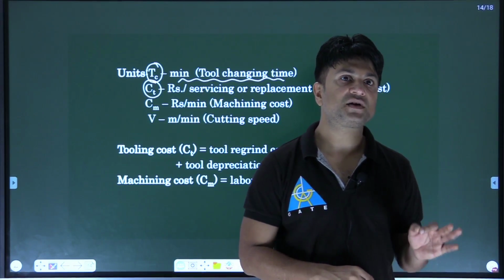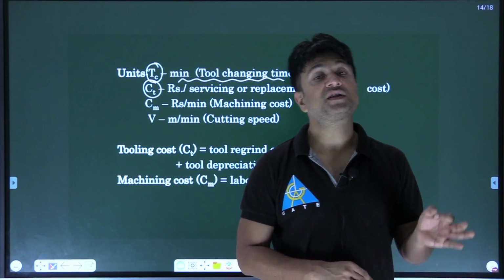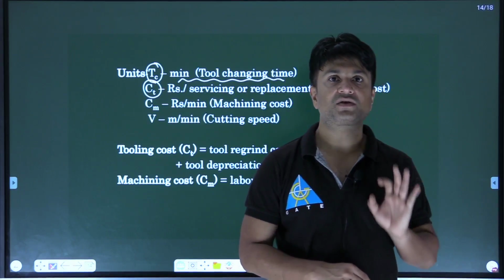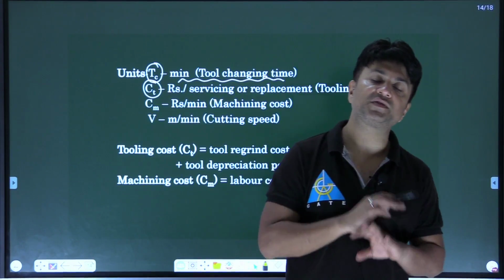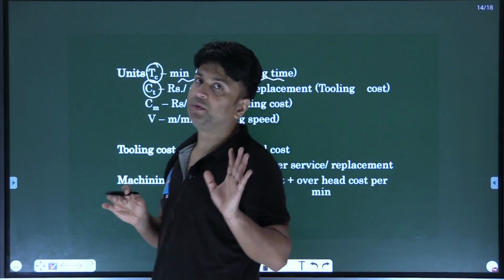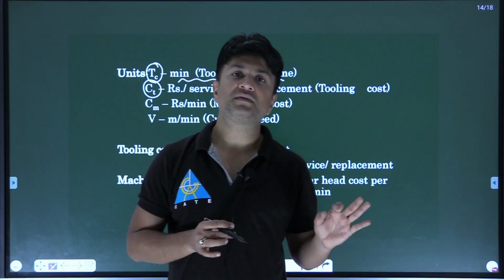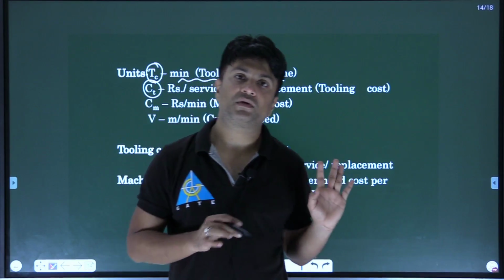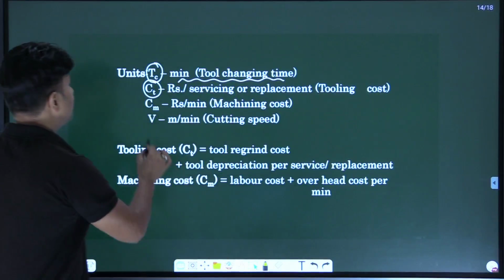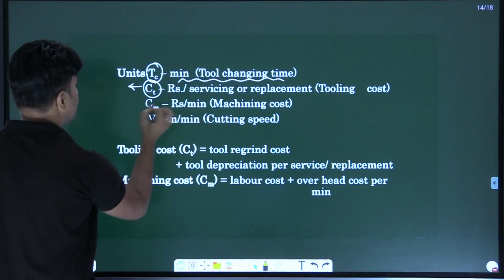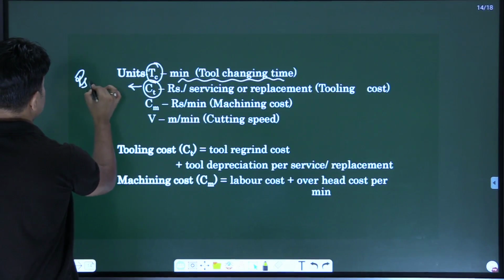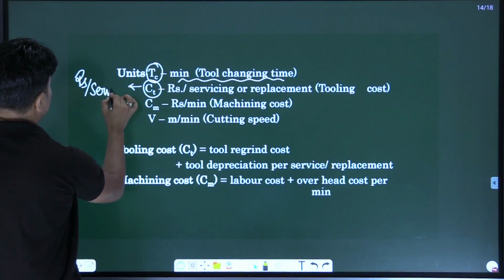Once the service is completed, the charge will be paid to that person. Once the repairing is done, I will give you the amount. So always remember the unit of the tooling cost is rupees per service.